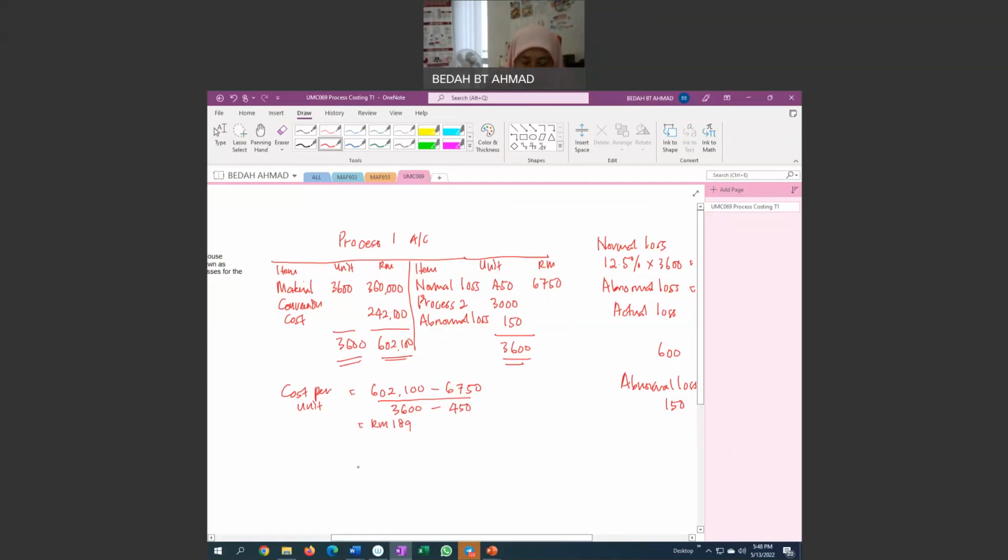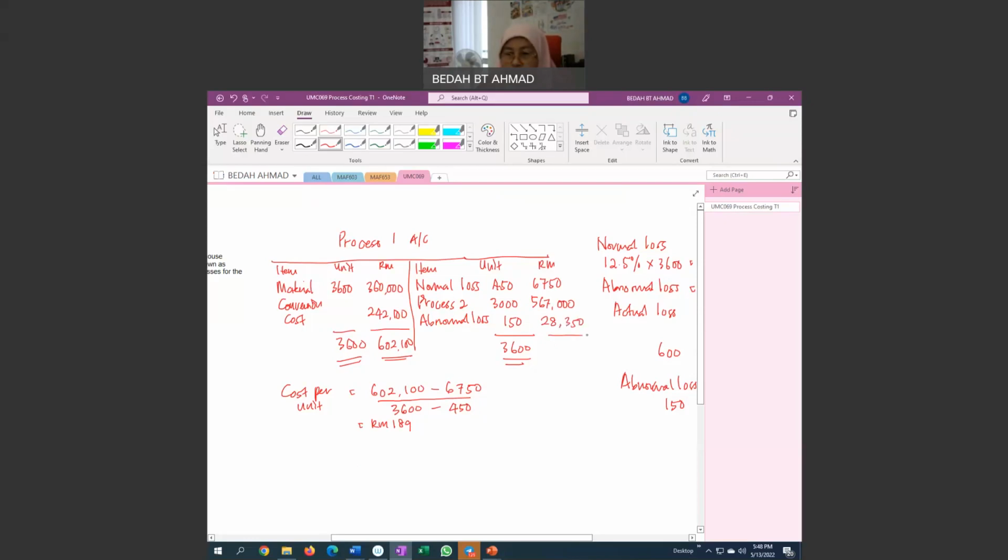This will be used to value the output for transfer to process 2, and absorb that cost per unit to the normal loss. So 3,000 here multiplied by 189 is 576,000. And the abnormal loss multiplied by 189 is 28,350.